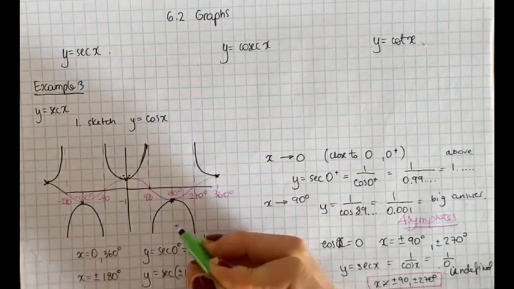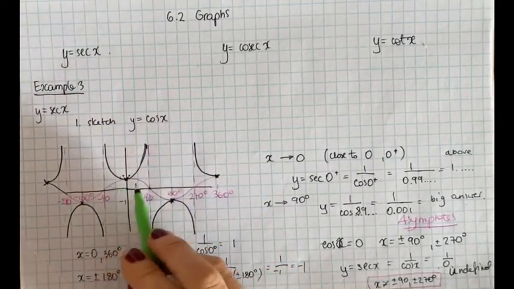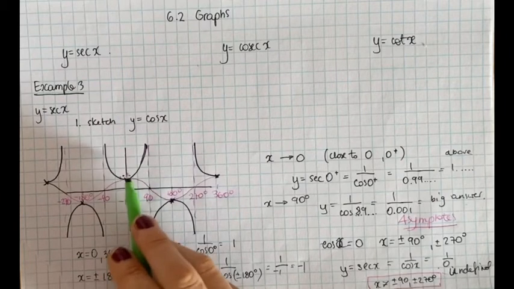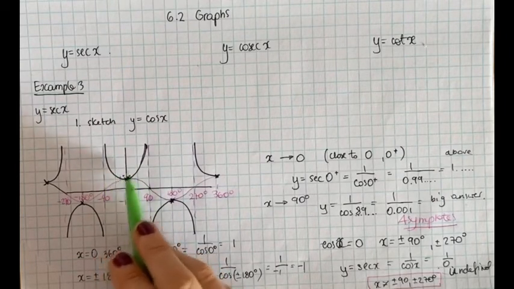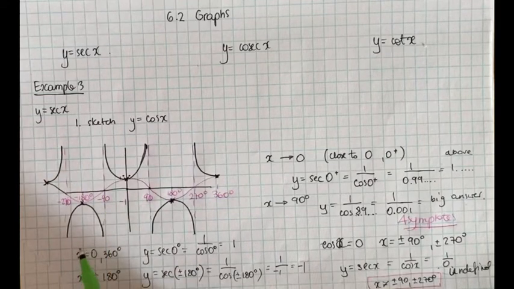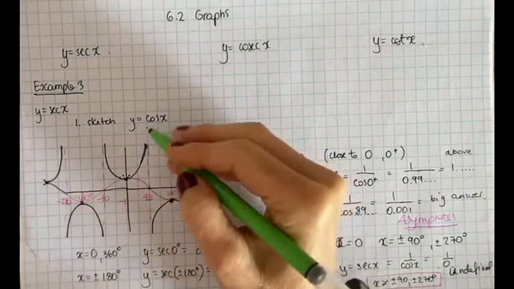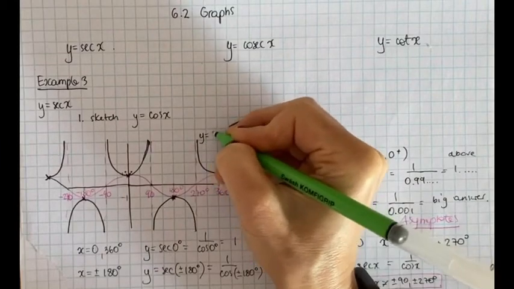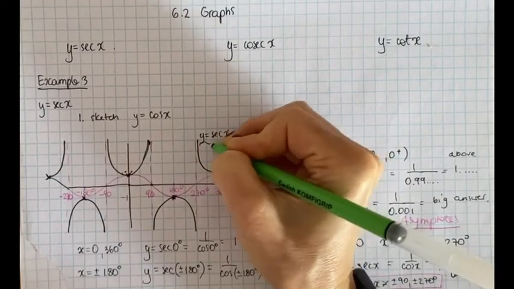Now, although students normally find it easy to remember the sketch, if you're not sure, you can just test a few values for yourself. So this is the technique that we use for sketching sec x.